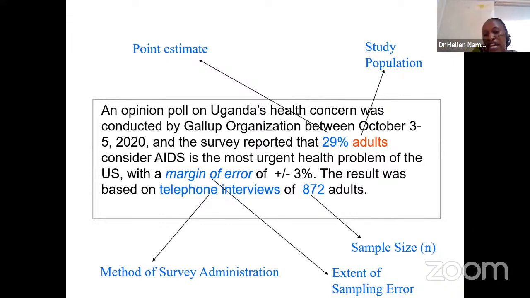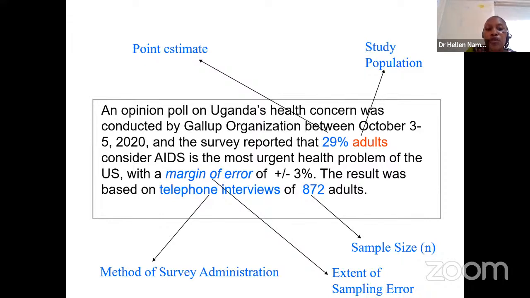And the estimate they are giving us is 29%. So that is the point estimate, or the estimated value, 29%. And the margin of error, remember, here we are dealing with the human population, is plus or minus 3%. How was the data collected?